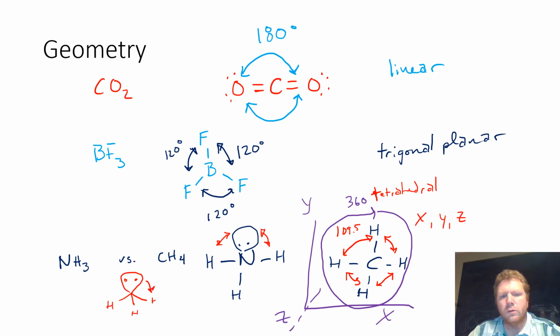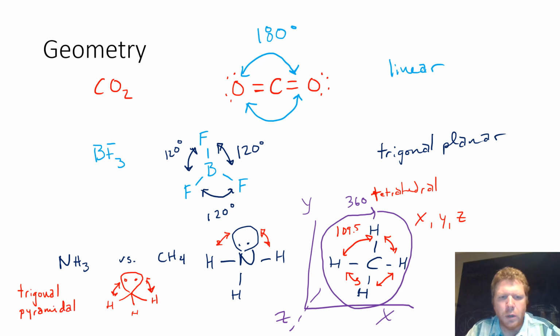This lone pair of electrons is pushing down on these nitrogen-hydrogen bonds. And so it's almost like there's a small pyramid, and then there's this additional pair of electrons. And this is an example of a molecule whose geometry is known as trigonal pyramidal.